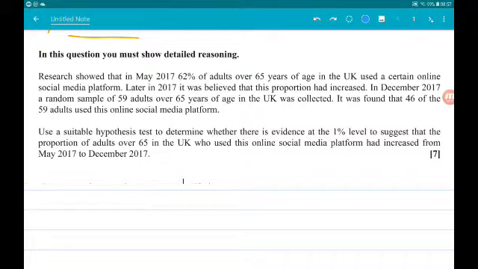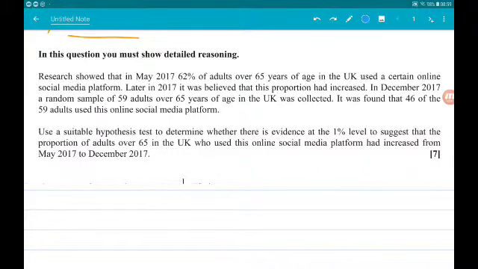In December 2017, a random sample of 59 adults over 65 years of age in the UK was taken, and 43 of these adults used the social media platform. We want to use a suitable hypothesis test at the 1% level to test whether the proportion had increased.